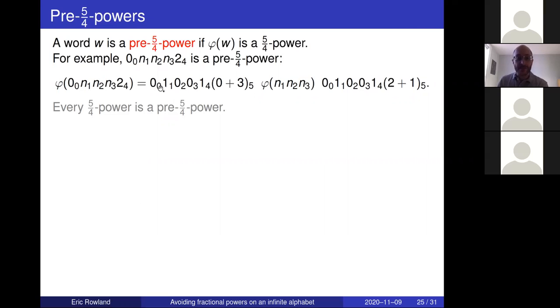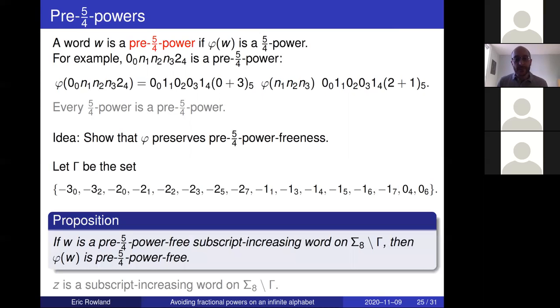These first 5 letters, 0, 0 through 1, 4, these are the same because these subscripts differ by 4. Okay. So every 5/4 power is a pre-5/4 power because, of course, if you have a 5/4 power and you apply phi to it, you're going to get another 5/4 power. But there are pre-5/4 powers that are not 5/4 powers.